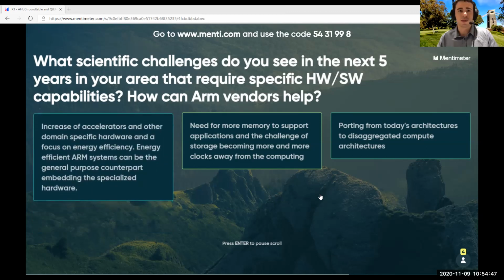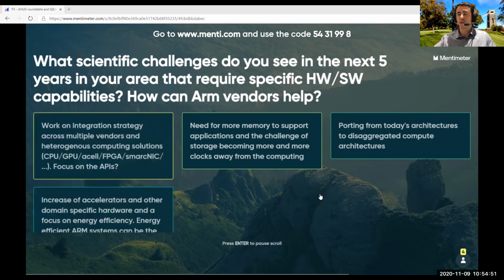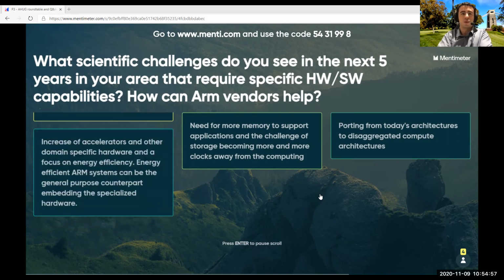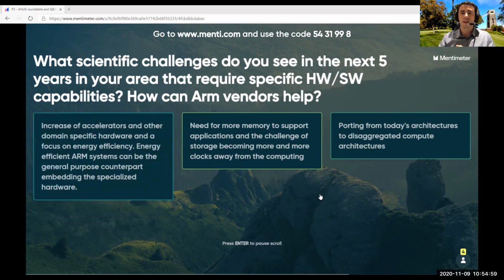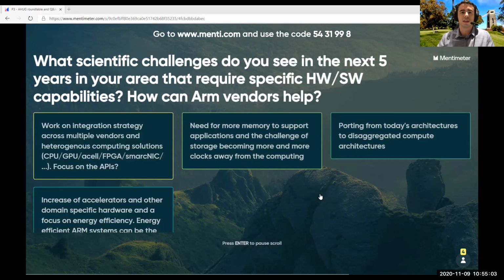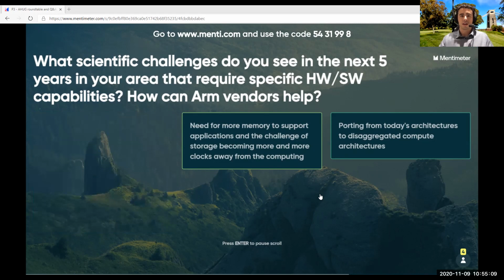I think it's important that we keep working together. I think this has been a theme throughout this panel, and it's a good way to move things forward. We want to co-design these things to do exactly what the software wants them to do. There's no point making a processor that does something and then trying to write software that does something else and trying to match these two up.